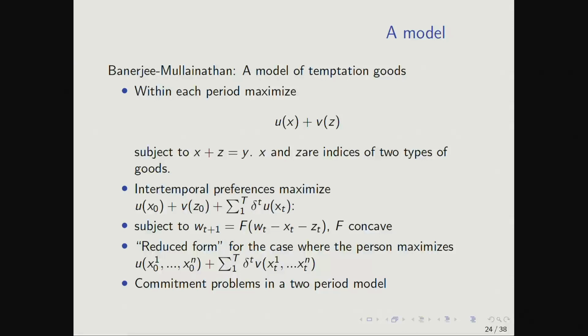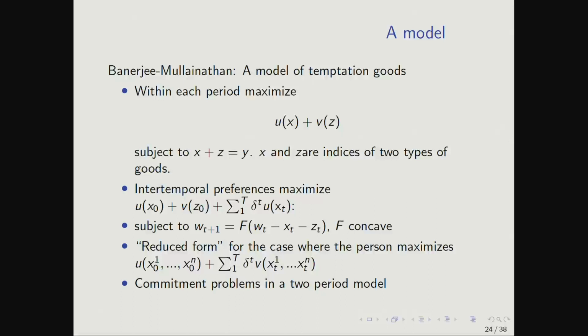You could separate the goods into 2, and that's kind of a reduced form for all the goods that are temptation and all the goods that are not temptation. And then the intertemporal preferences maximize today's utility plus the discounted sum of the non-temptation good, subject to your usual asset accumulation constraint.